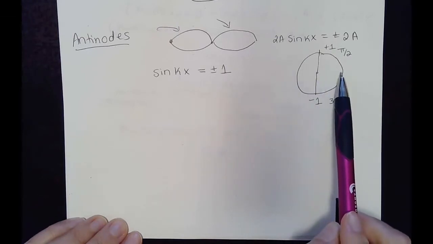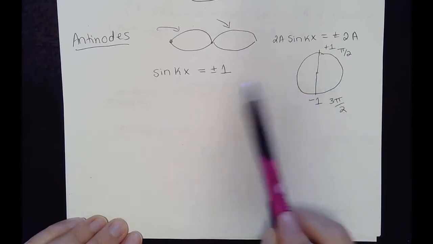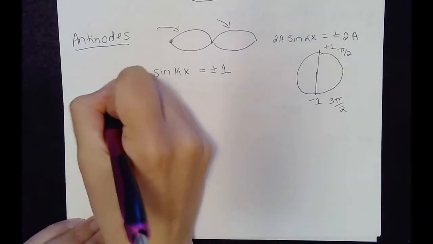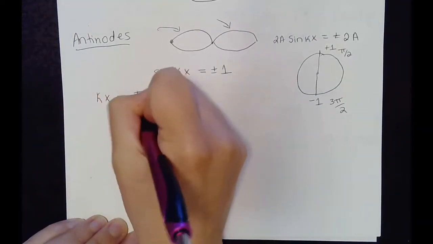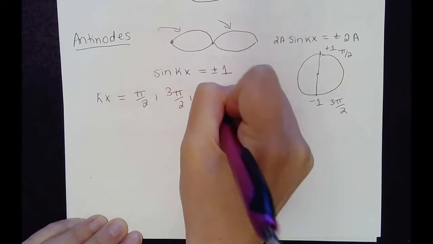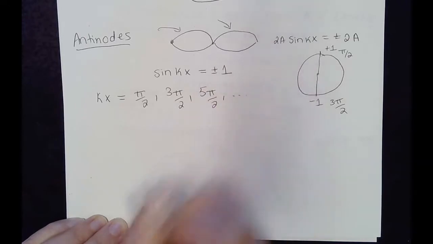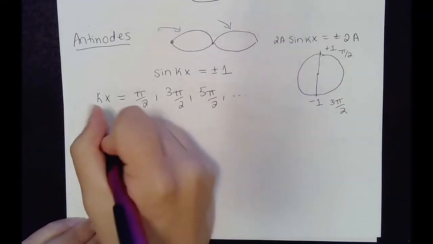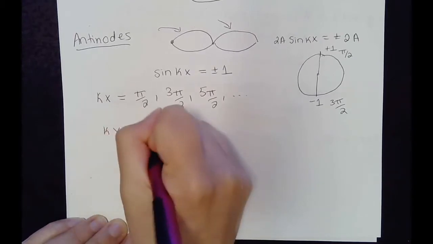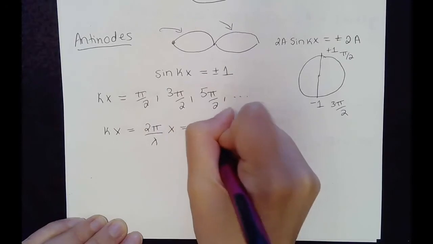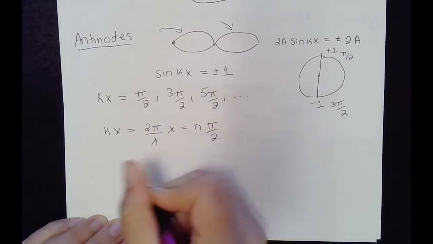We don't want 0 and we don't want pi, because that will give us the positions of the nodes. So instead we need kx equals pi over 2, 3 pi over 2, 5 pi over 2, and we can continue, so we need odd integers here. So we have kx equals k, which is 2 pi over lambda, times x, equals n pi over 2.